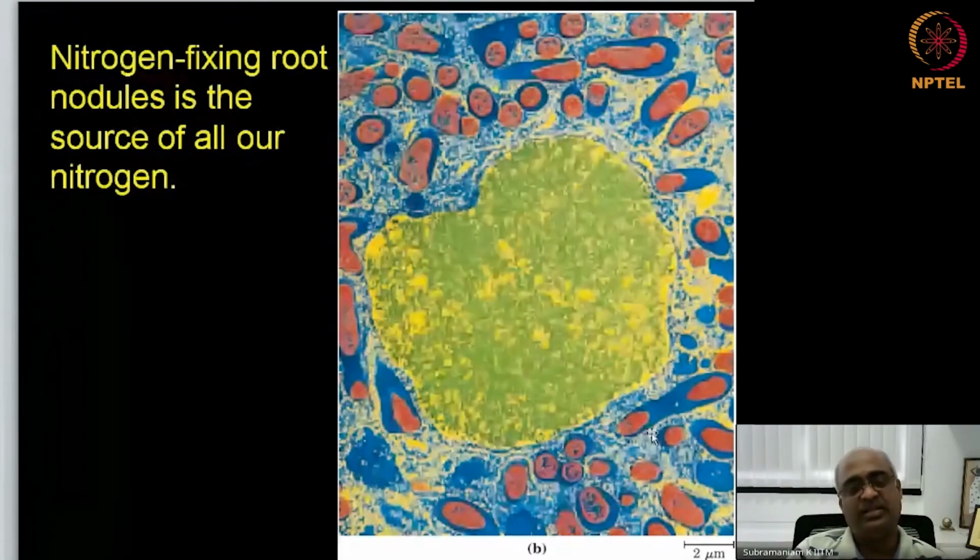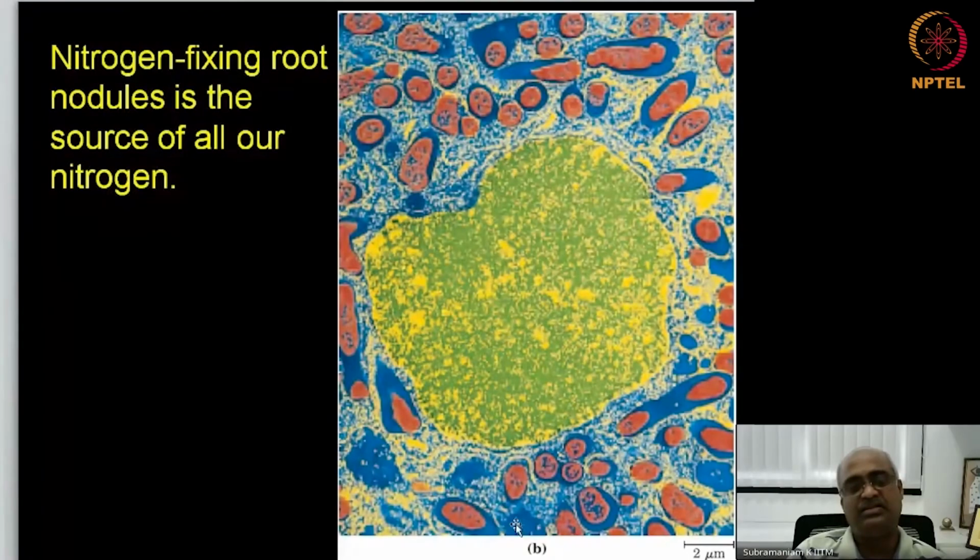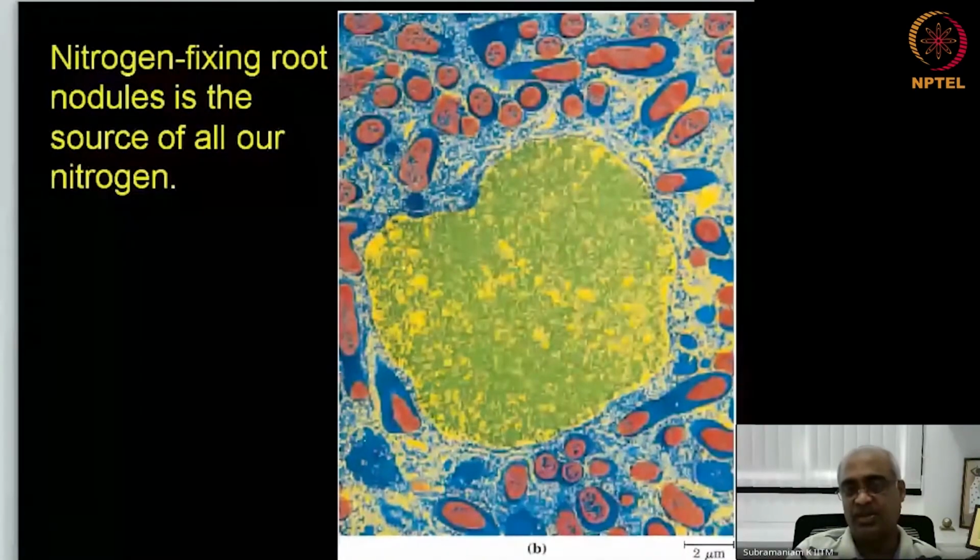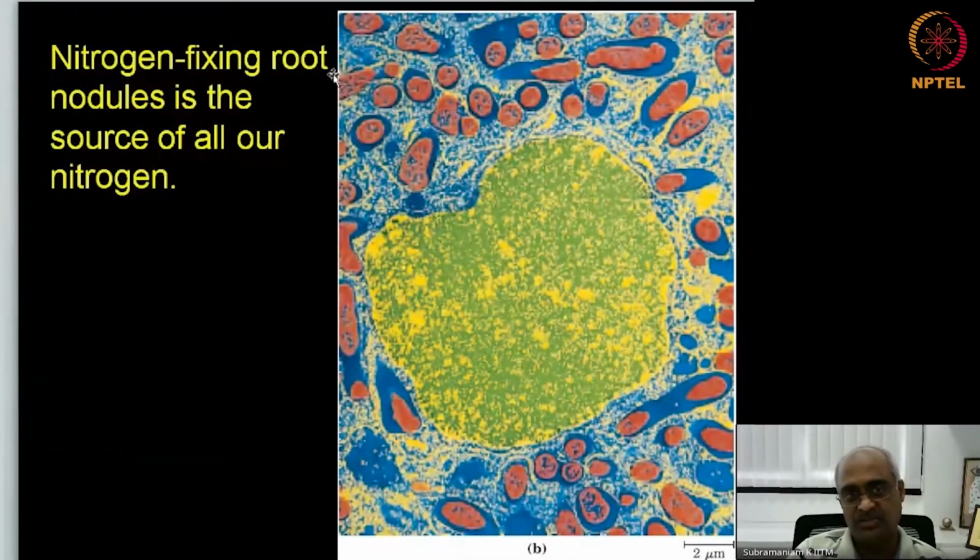So these are the bacteria. These are the nitrogen fixing bacteria. So these are living in the cytoplasm of the plant cell. Okay, so this whole thing is inside one single cell. So you have only one nucleus, and in the cytoplasm you have so many bacteria. So these are the bacteria that actually provide you the nitrogen that's there all over your body in form of amino acids, porphyrin rings, purine rings, pyrimidine rings, and pyridoxal phosphate, one of the other amino acids, vitamins as well.